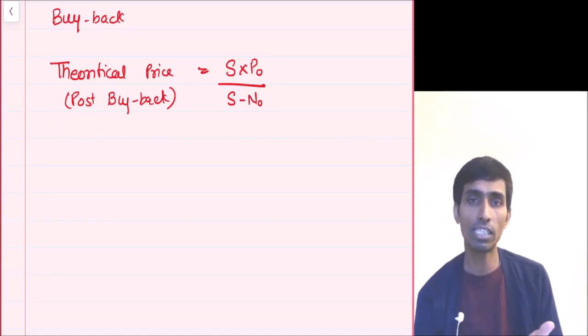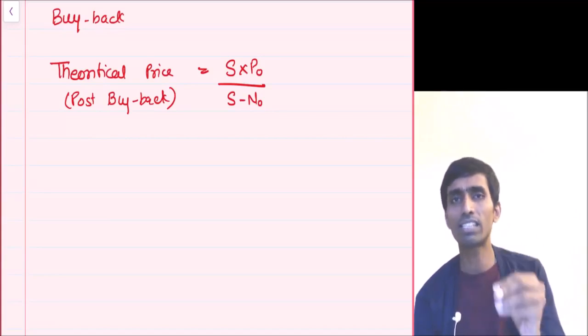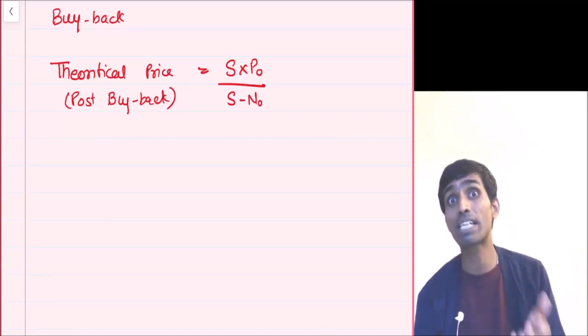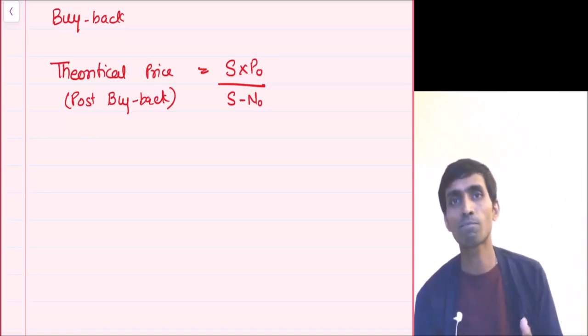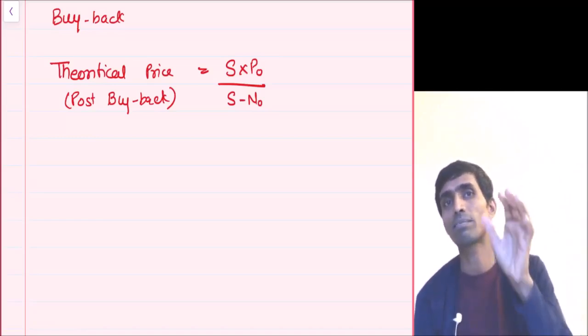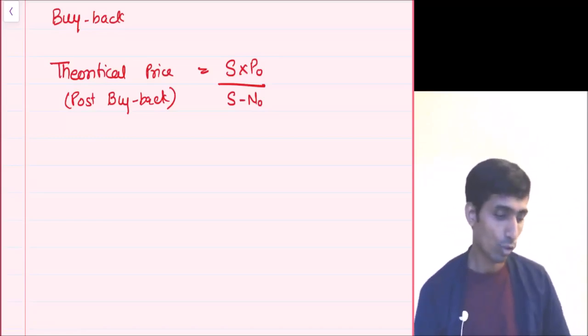That is your theoretical price. When the supply of any item decreases, the price goes up. Here the same thing happens in the market. When the company buys back shares, there is a limited supply, the number has gone down, therefore obviously the price will increase.